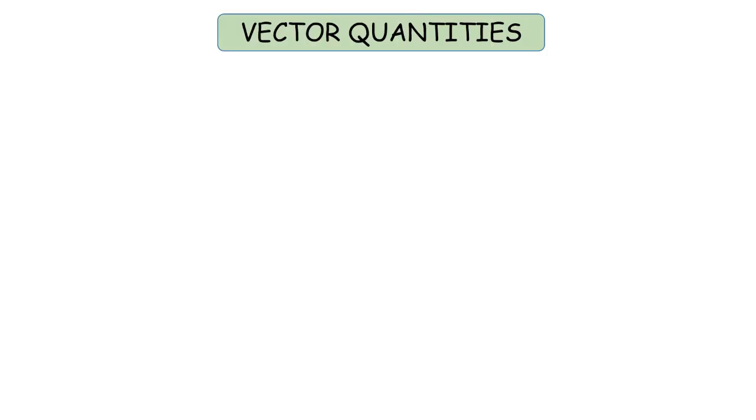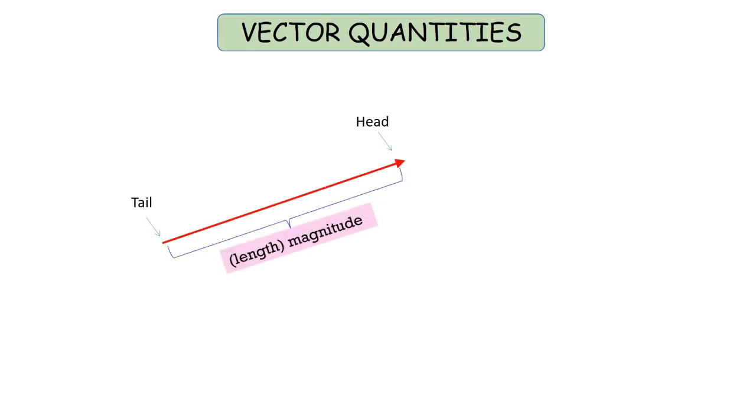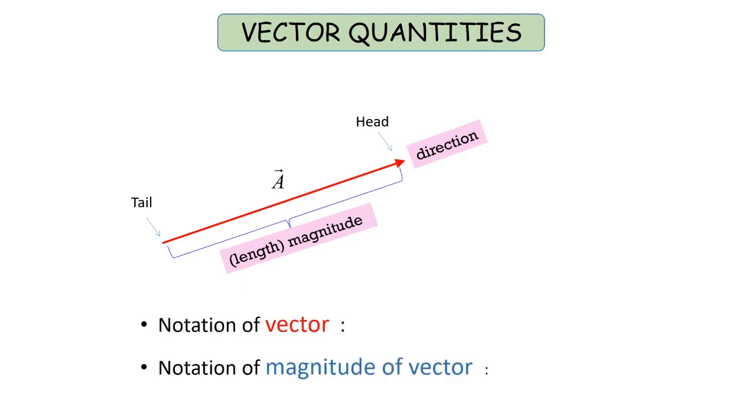In order to represent vectors, we use an arrow, with the length of the arrow indicating the magnitude of the vector, and the way the head is pointing indicating direction. Let's say we have vector A. Vector A is denoted with capital A and a small arrow, while the notation for the magnitude of the vector is as given.